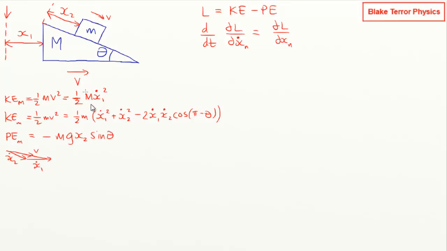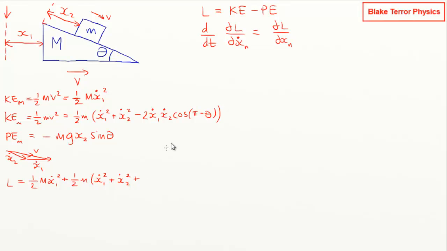So all of this is going to give us our Lagrangian, because we need to add up our kinetic energies and take off the potential energy. So we can write out our Lagrangian as being a half capital M x1 dot squared plus a half little m times x1 dot squared plus x2 dot squared.